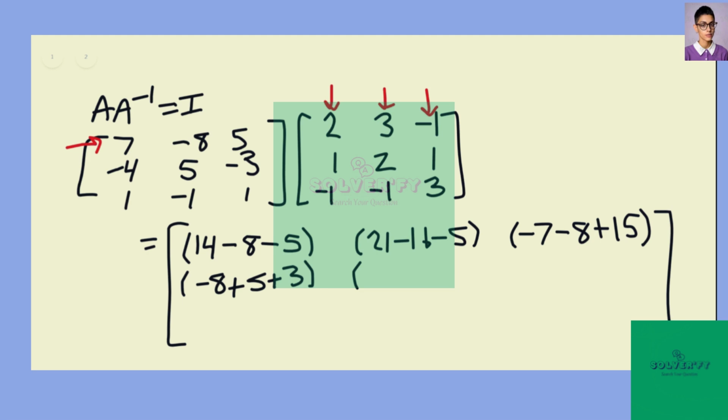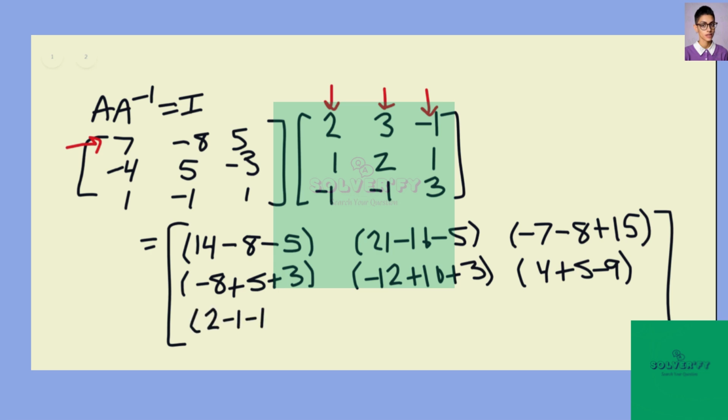So we're getting negative 12 here, plus 10 plus 3. We get 4 plus 5 minus 9. Here we get 2 minus 1 minus 1. 3 minus 2 minus 1. And minus 1 minus 1 plus 3.